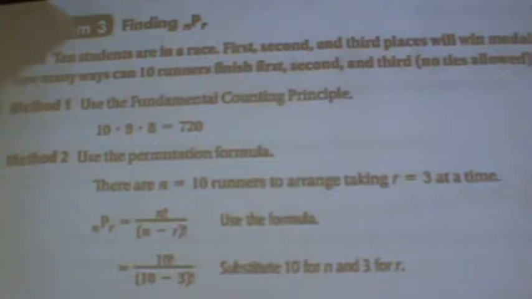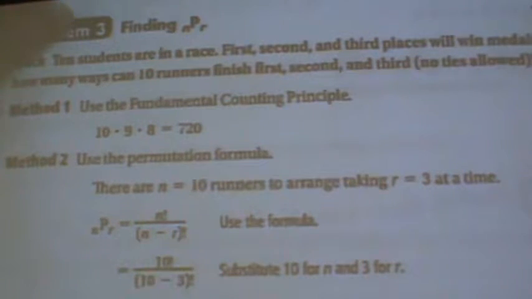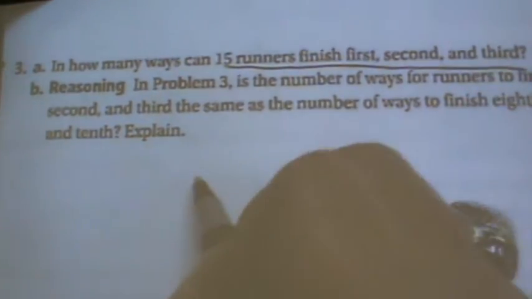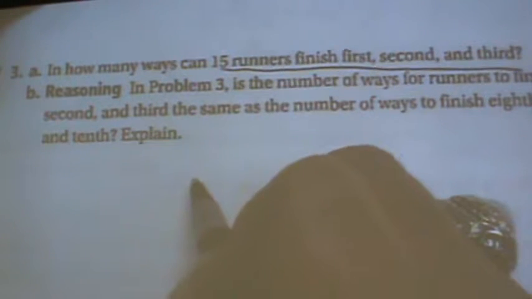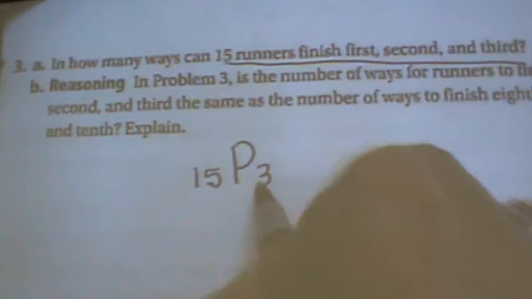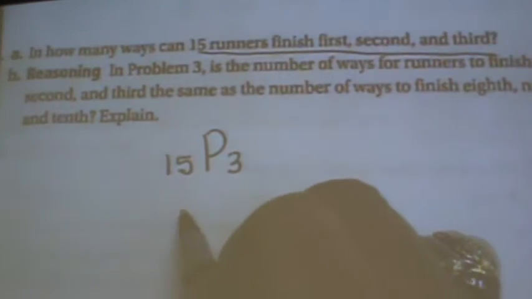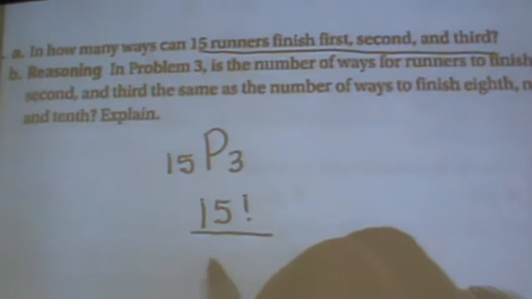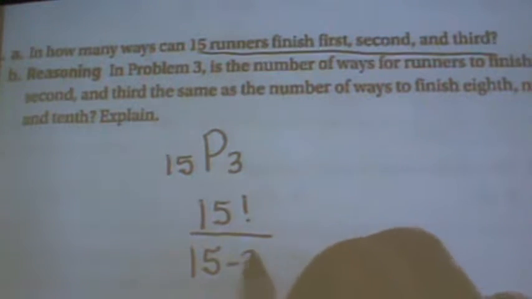How many ways can 15 runners finish first, second, and third? So out of 15 runners, we're going to take 3 at a time. This is a permutation problem, 15P3. So it looks like this, 15 factorial over the difference of these factorial.